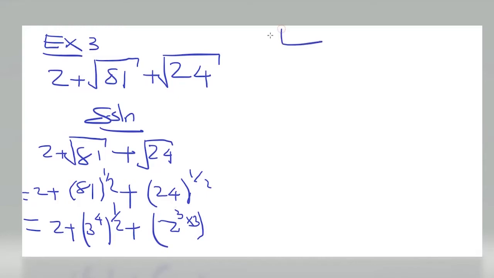If you have forgotten, just take 24 divided by 2, that is 12, then 12 divided by 2 is 6, then 6 divided by 2 is 3, then 3 divided by 3 is 1. This is what I've written: 2 power 3, then times 3.